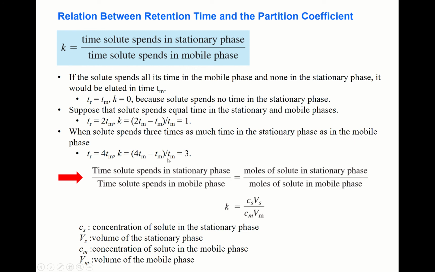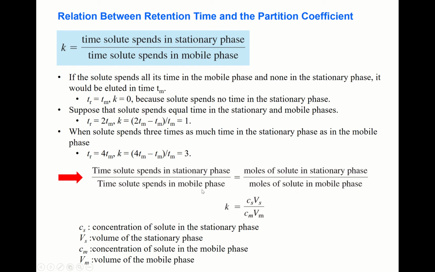For example, if the solute spends equal time in the stationary phase, that means the moles of solute in the stationary phase is the same as, or with twice, the moles of solute in the mobile phase.